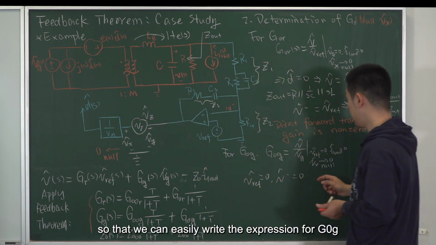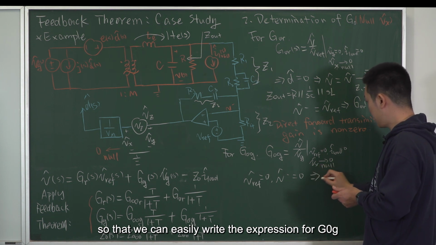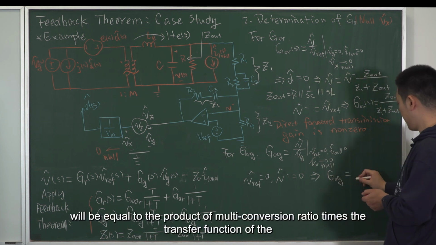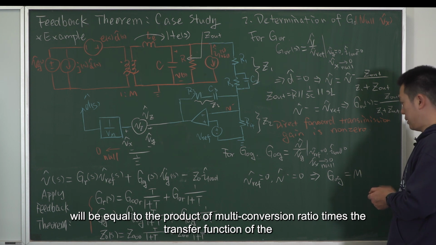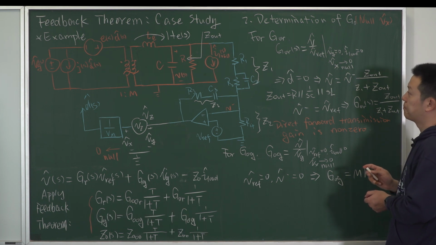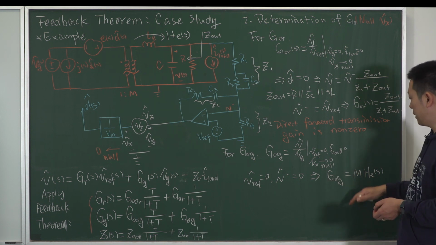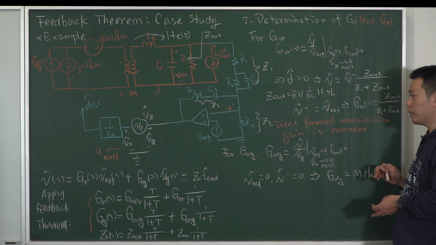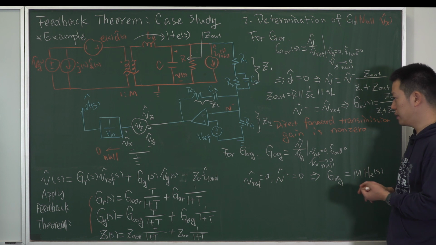So that we can easily write the expression for G0G, equal to the product of the voltage conversion ratio times the transfer function of the low-pass filter network. If we observe this formula, we can see that this coincides with the open loop GVGS.